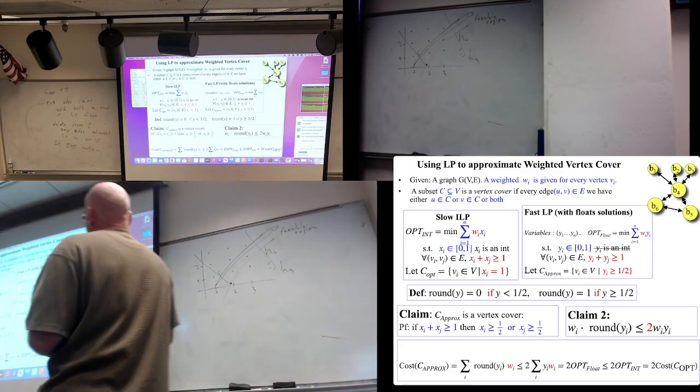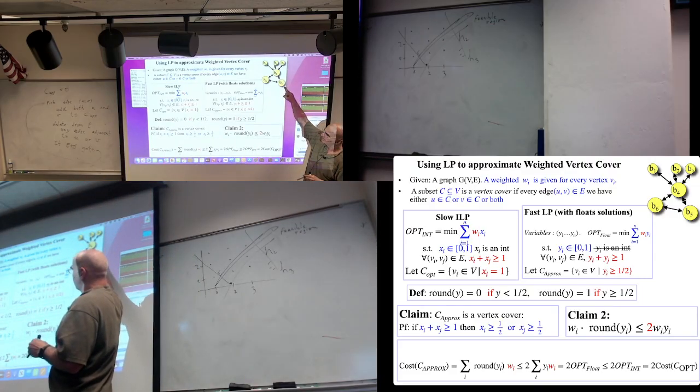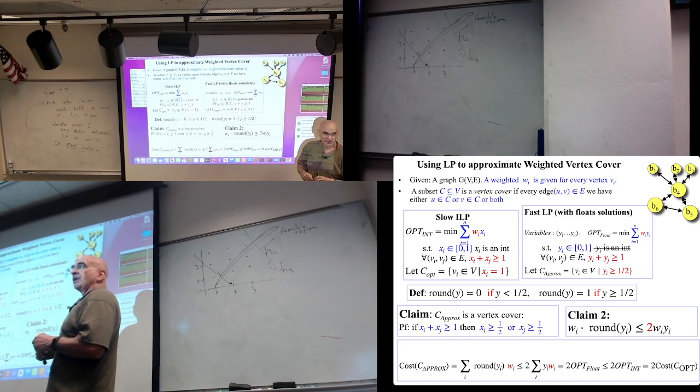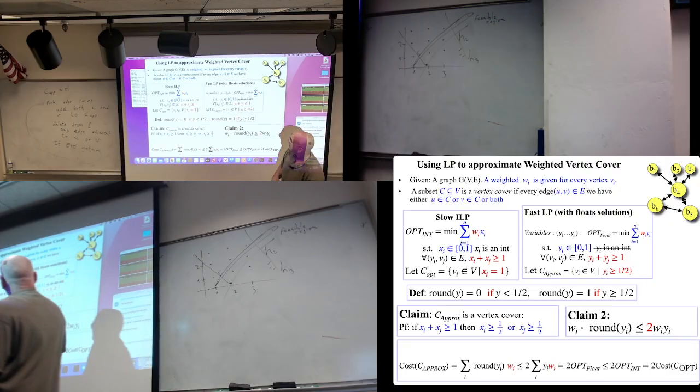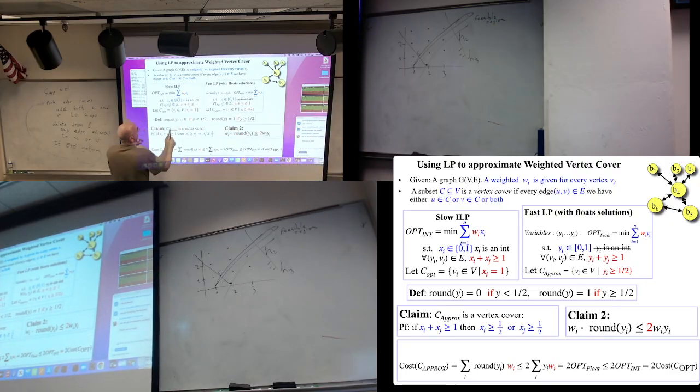So let's look at the weighted vertex problem. Find the optimum float solution. That is, I took the ILP problem from the previous slide, where I have the xi's and I'm trying to minimize the weights of the vertices that I take, with xi between 0 and 1 and the requirement that xi must be an integer.